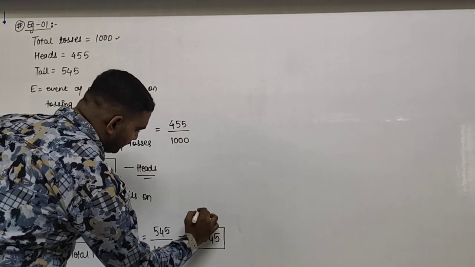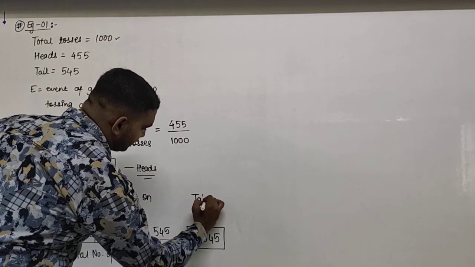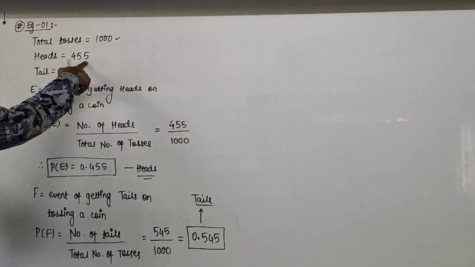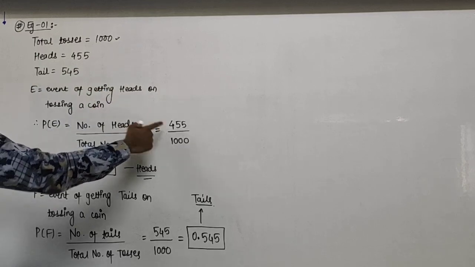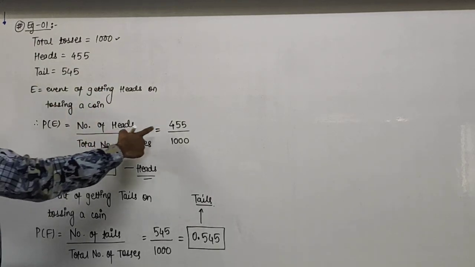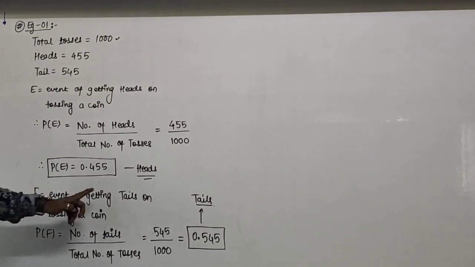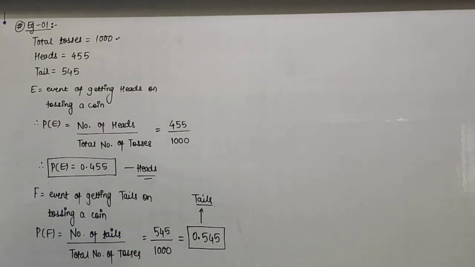So if I toss 1000 times and get 455 heads, then I get 455 divided by 1000, that is 0.455, and 0.545 is the probability of getting tails.